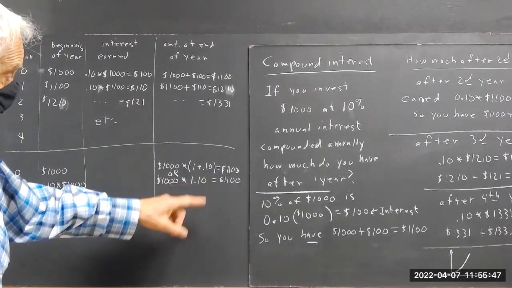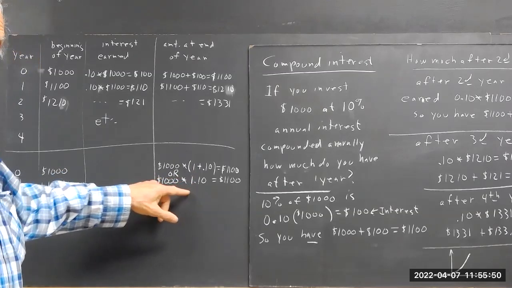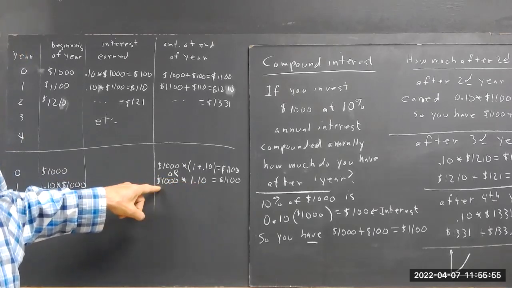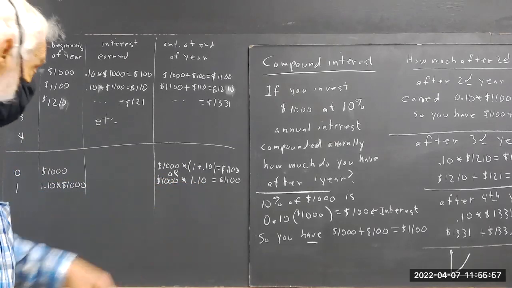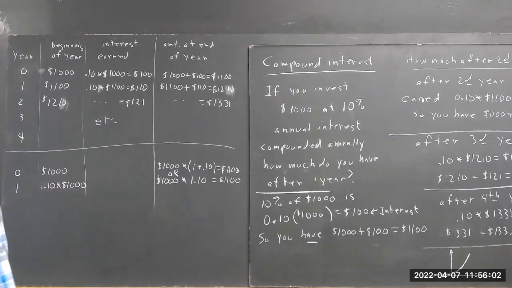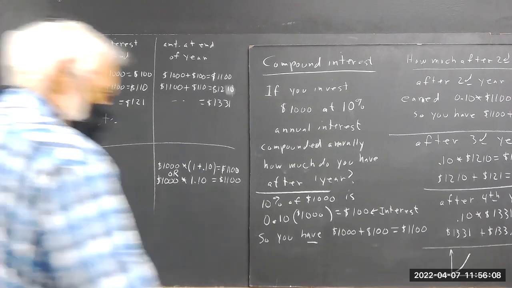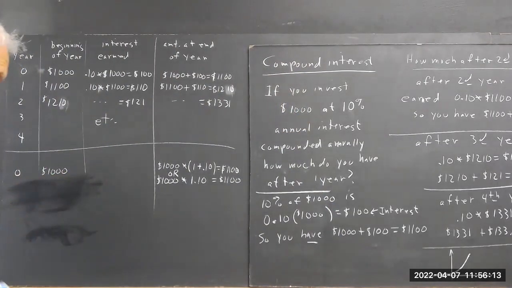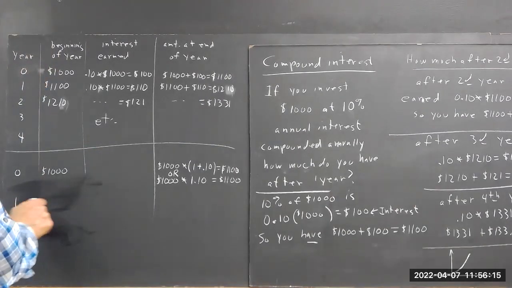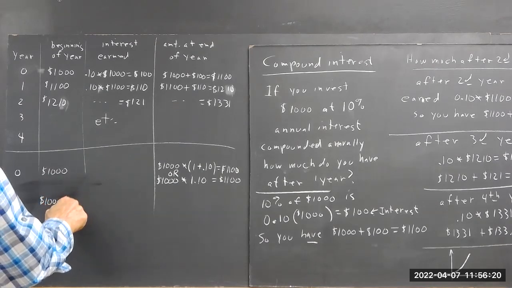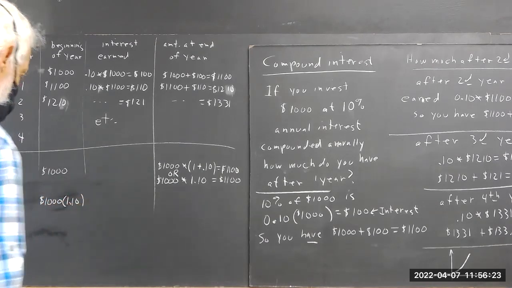We remember that this means we multiply whatever we have by 1, so we still have it, but we add whatever we get for the interest, okay? So we can write this as 1.10 times $1,000. Okay. I need to space my row with that additional line. So at year 1, we have this.